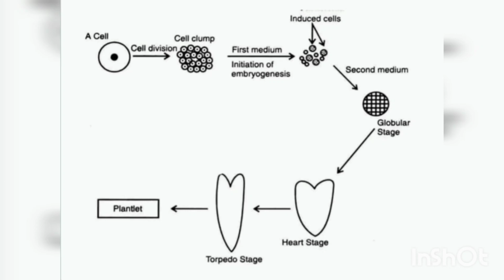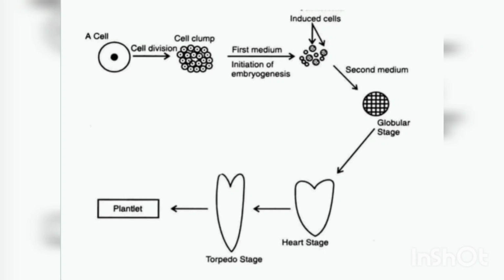So this is how we produce a somatic embryo. Here we can see that they have isolated a single cell, and from this single cell a group of cells is produced by cell division or callus formation, and in these cells differentiation is initiated, and then from this differentiated cell an embryo is developed.